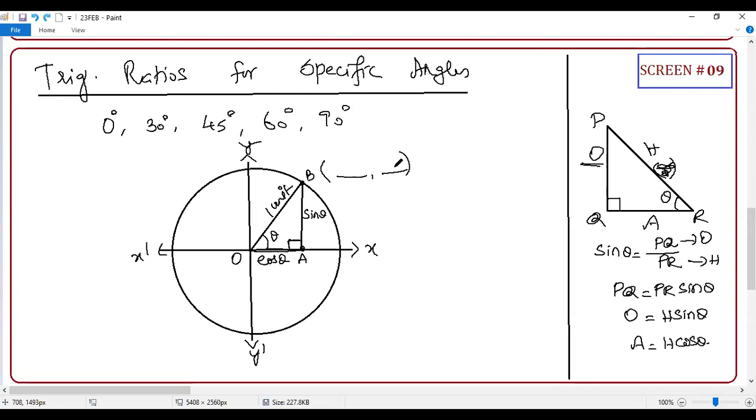Guys, you may find it difficult, but its magic is here. This unit circle is going to help find the angles for everything, student. Quickly. Guys, what are these? Horizontal and vertical. Correct or not? OA comma AB. Yes or no? Quickly tell me, student. How will you put the coordinates? Abscissa and ordinate.